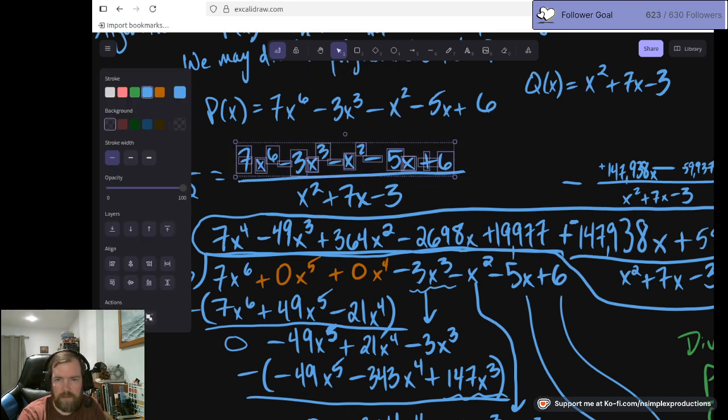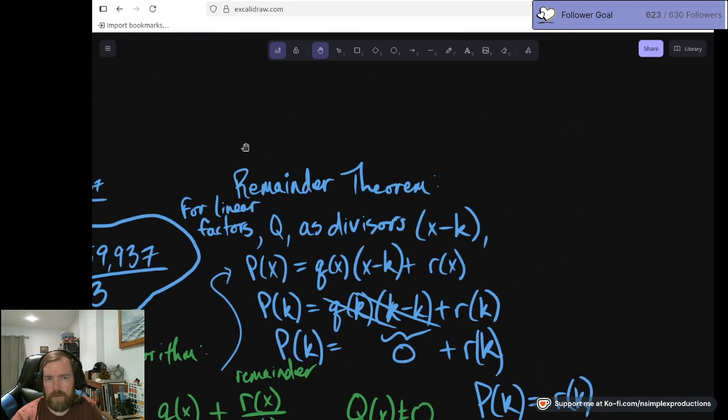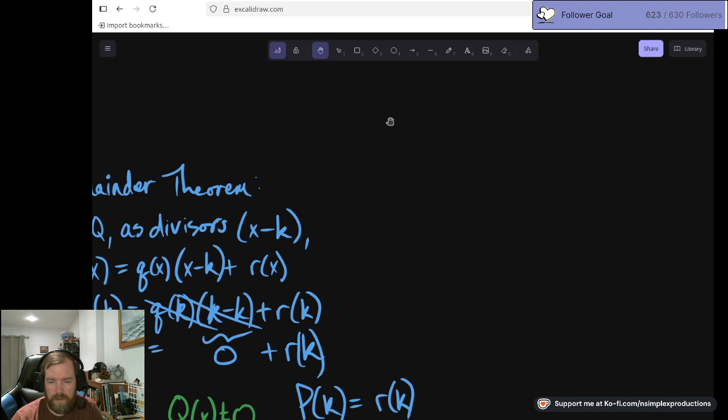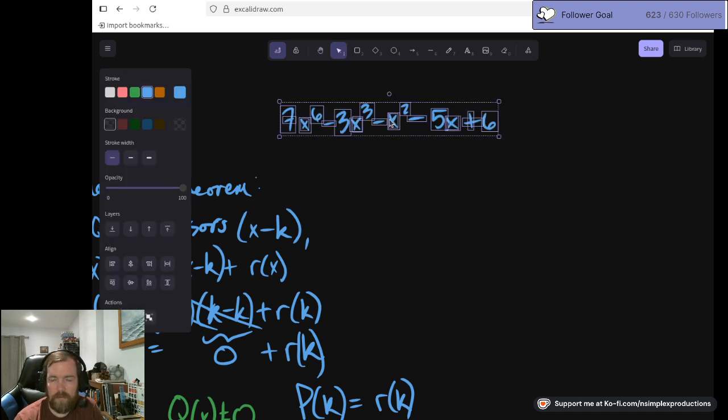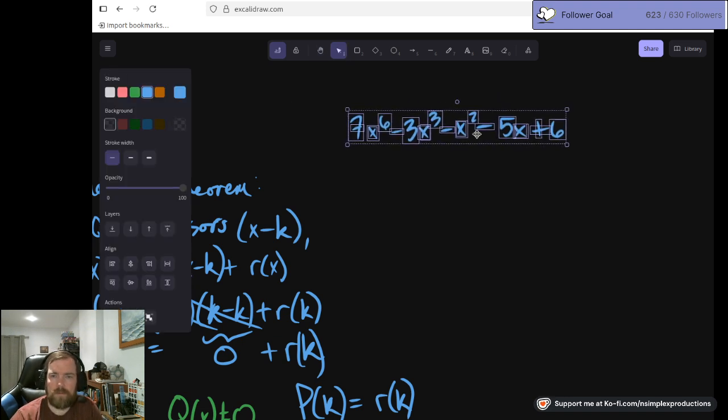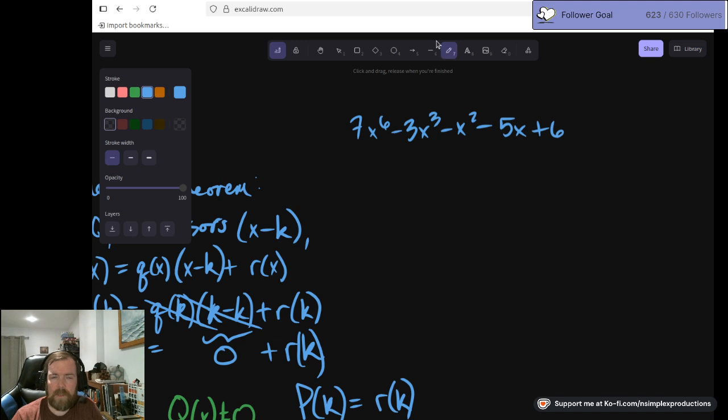Control C. And go over here. And Control V. Woo! Okay, so that's P of x in this particular case.